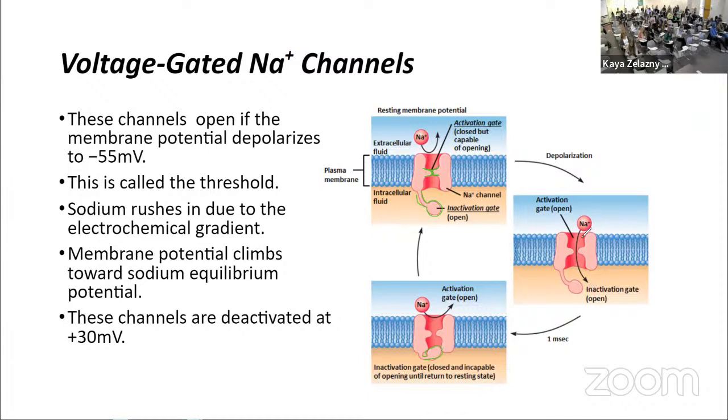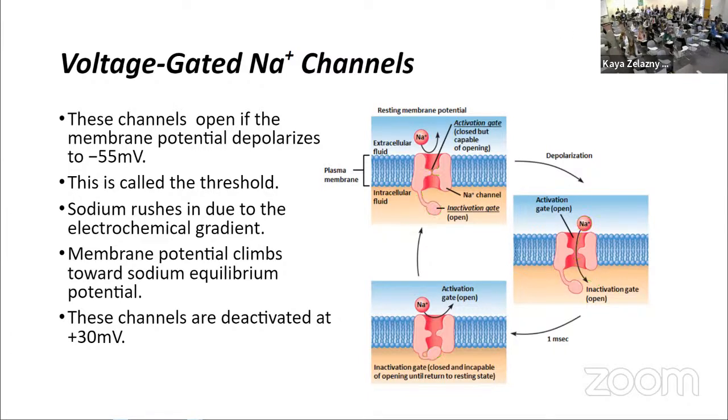A sodium has to be able to get to that first gate and pass. And then it also has to be able to continue all the way into the cell, so it has to pass through that second gate as well. If either of these is closed, you're not going to have any sodium flowing into your cell.